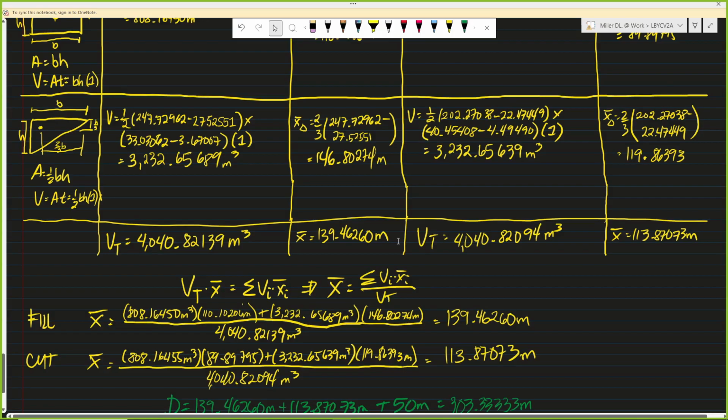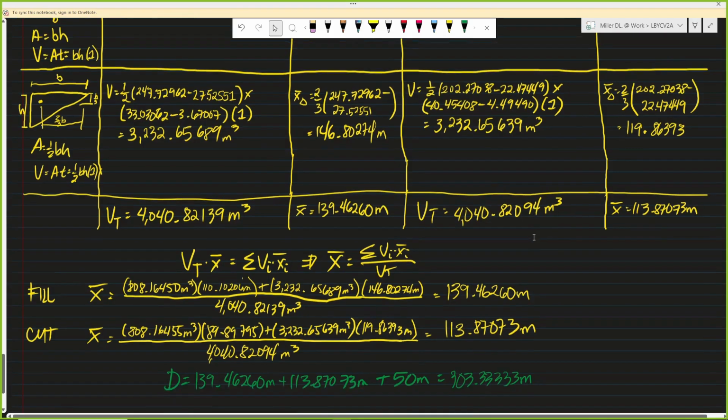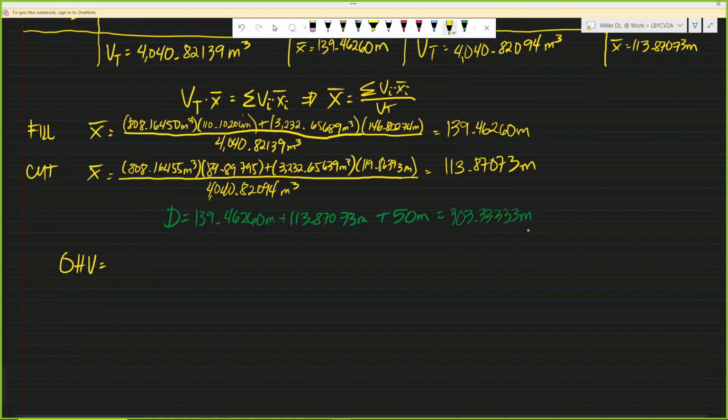40-40, 40-40, yung whole number, okay, wala tayong problema. However, sa last 3 digits is 82139, yung isa naman is 82094. So, all we have to do is just to take the average. So, 40.82139 plus 40.82094 all over 2.